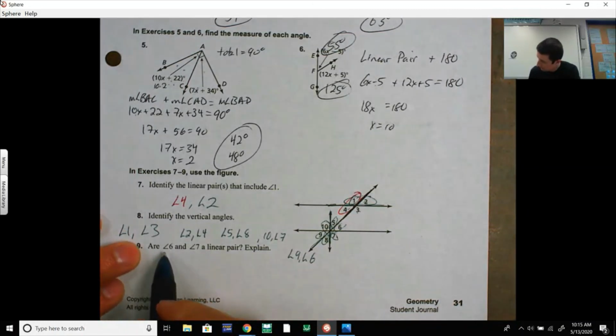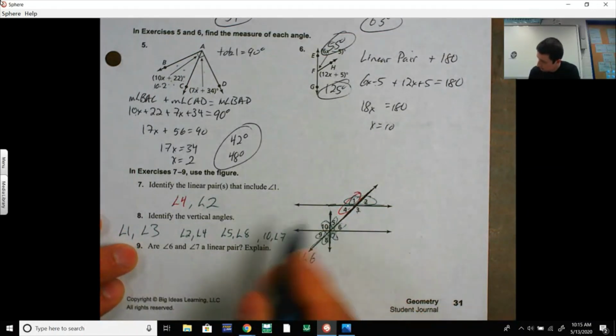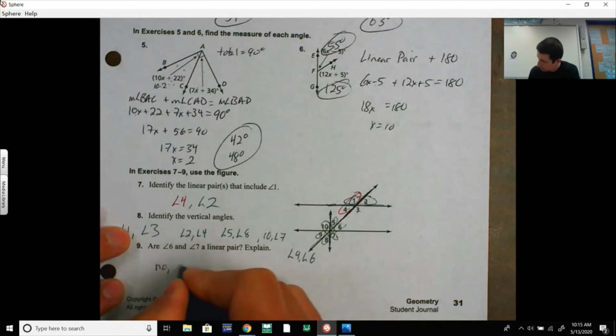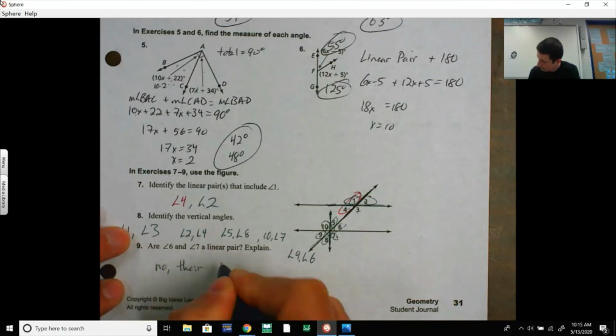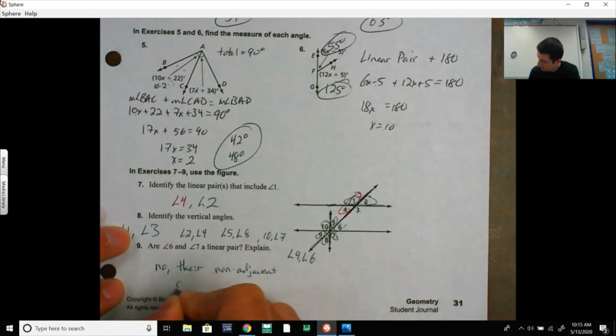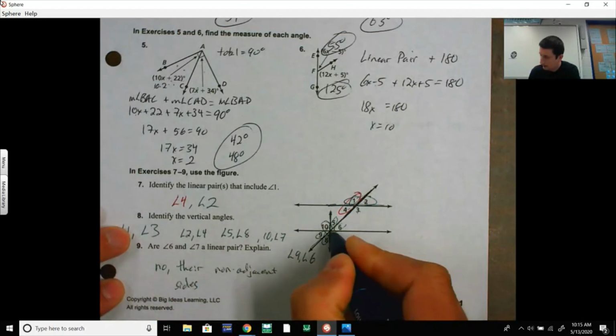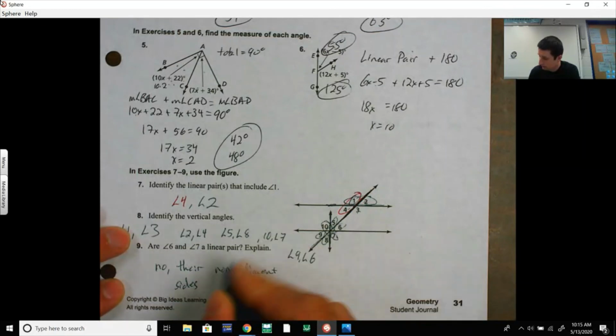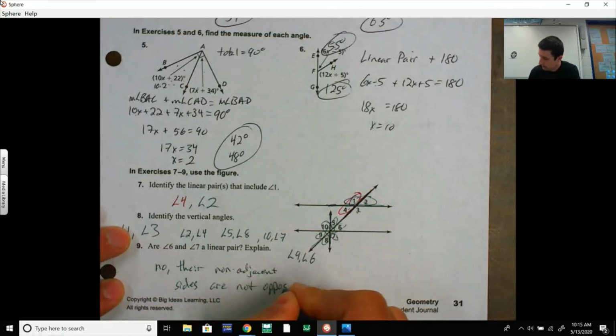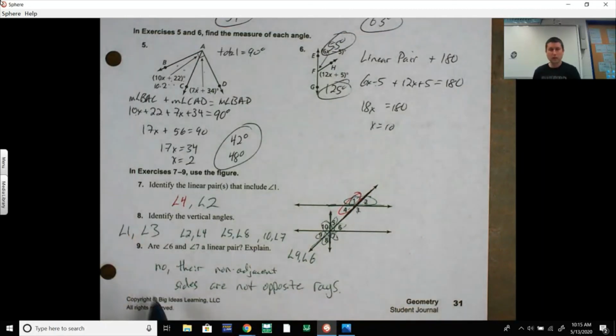Are 6 and 7 a linear pair? No. They're non-adjacent sides. They do have an adjacent side. They are adjacent. Angle 6 and 7 are not opposite rays. Okay? So when they're asking for something that's a definition, we talked about linear pair and what that definition is.